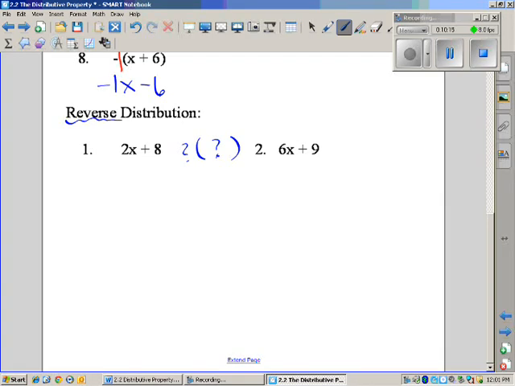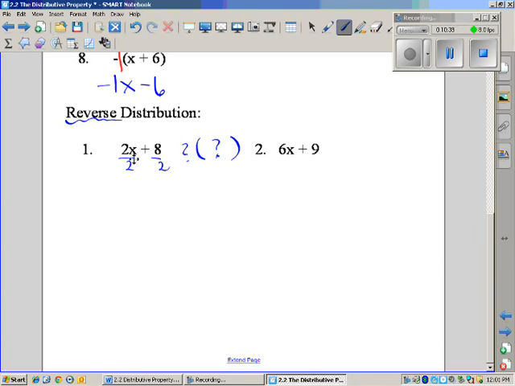So you look for what's in common. What might we have that we could divide out of both of these terms and stick on the outside so that when we multiply him back to check our work, we end up with what we started? Well, I see a 2. There's a 2 that I can divide out of this term, and there's a 2 I can divide out of this term.